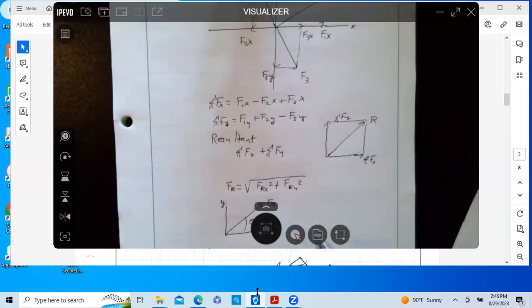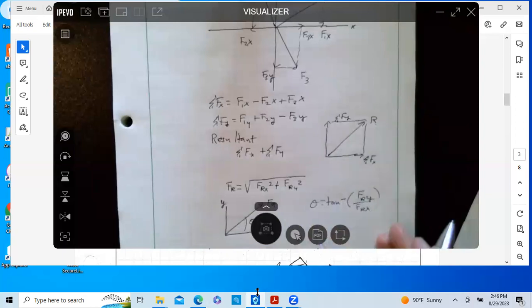So theta is going to be equal to the inverse tangent of the force resultant in the y direction divided by the force resultant in the x direction.